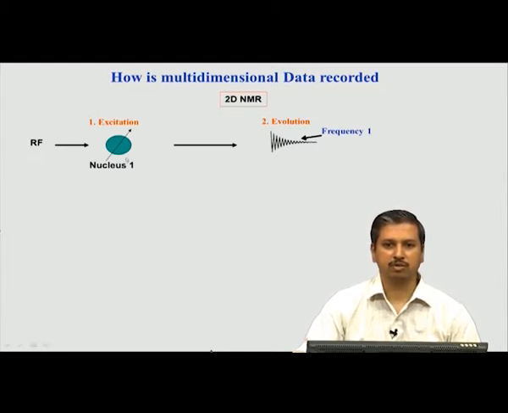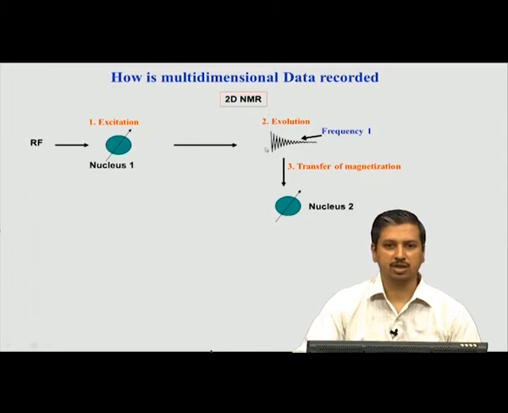In this case, when you excite one proton it starts evolving because of its chemical shift, and during that period it also starts transferring its magnetization to a second nucleus because of the J coupling. This happens spontaneously, there is no need for anything to be done from the spectrometer side or any pulse to be applied.